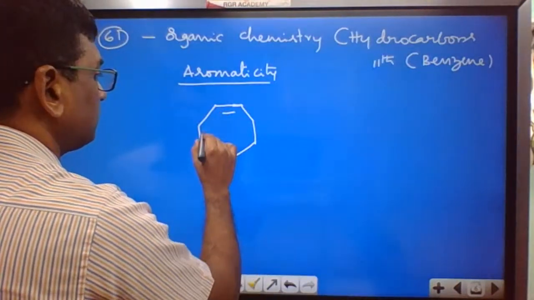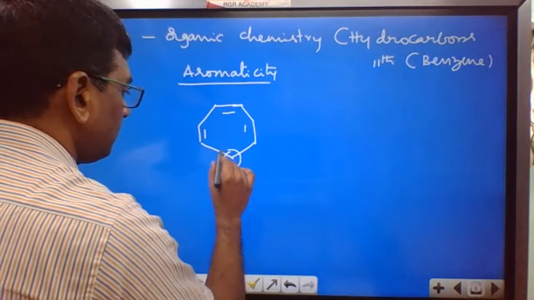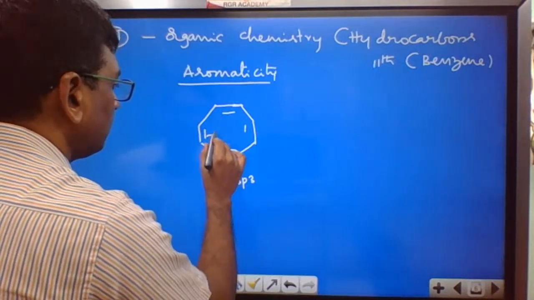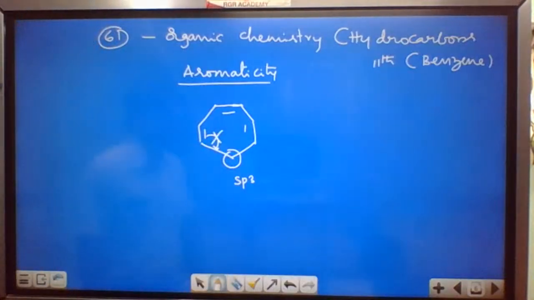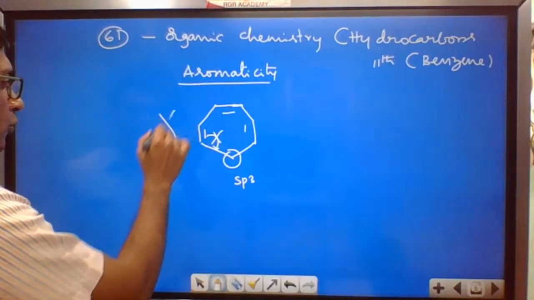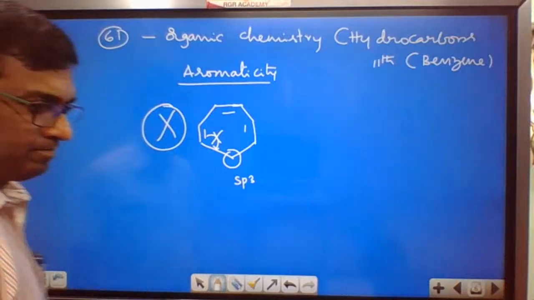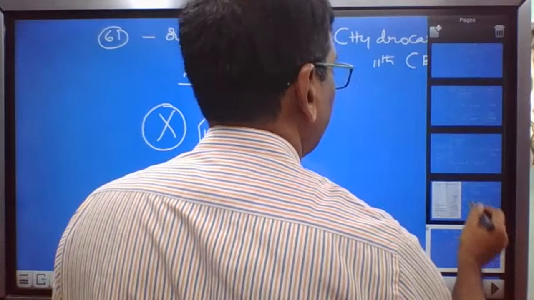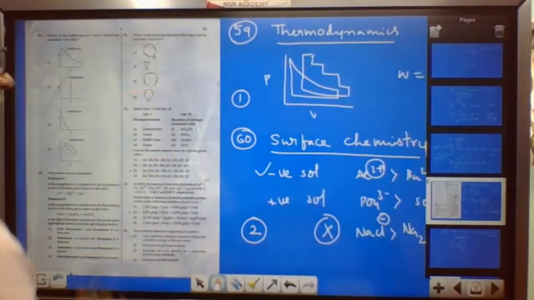You see that? This is an sp3 carbon, so these electrons cannot migrate. So there is no delocalization. That is the reason why it is not aromatic.